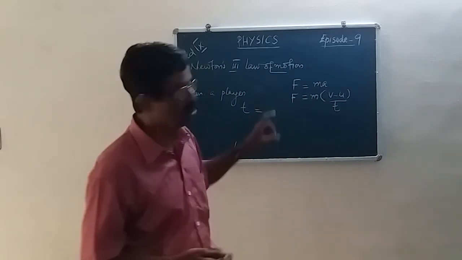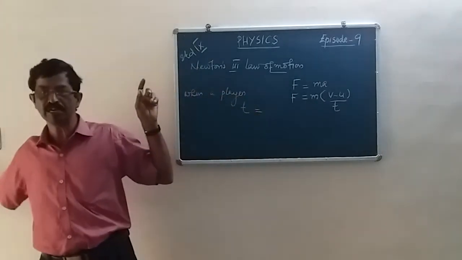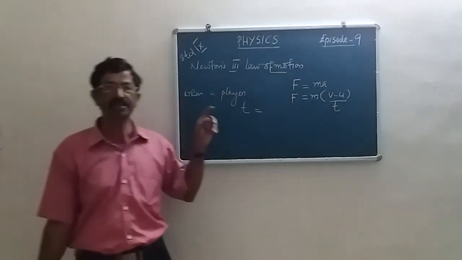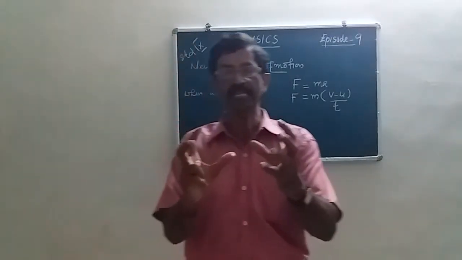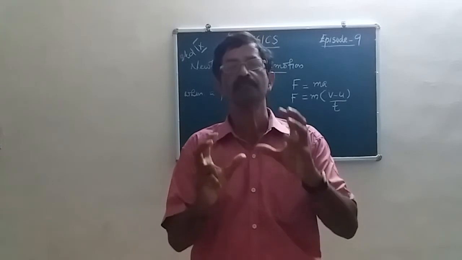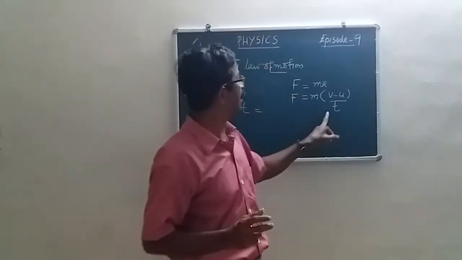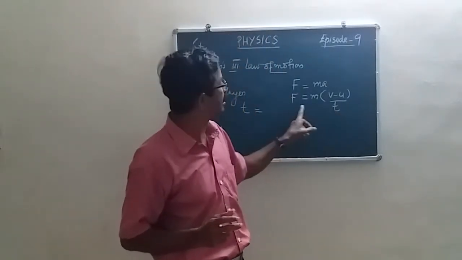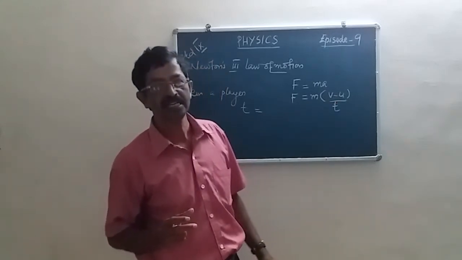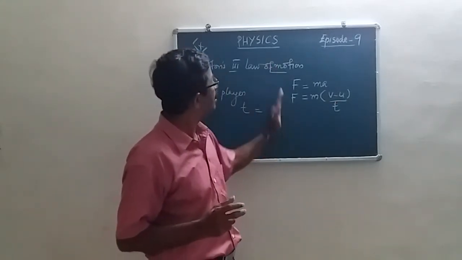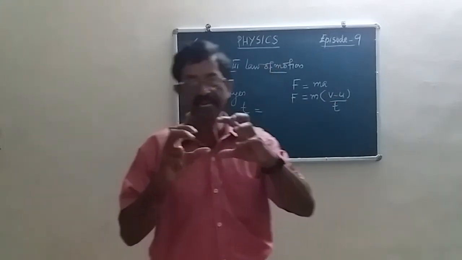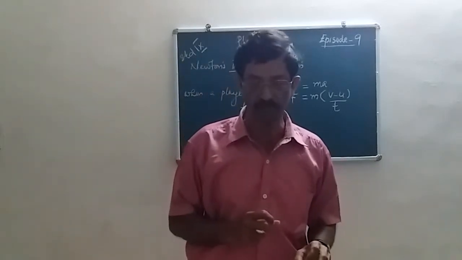For that he is lowering the hand. By lowering his hand, what is the advantage? Time can increase so that the rate of change of momentum can decrease. That means the force applied on his hand can reduce.